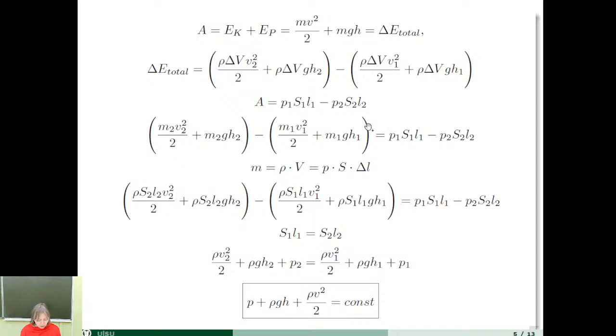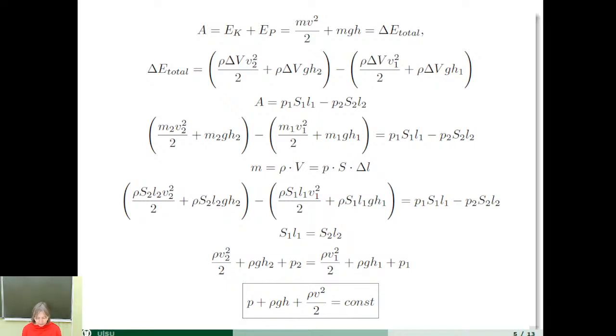Total energy of the considered volume of liquid is composed of kinetic energy and potential energy in the field of forces of terrestrial gravitation. Owing to stationary current, total energy of that part of liquid, which is limited by sections 1 and 2, in time delta t does not change.